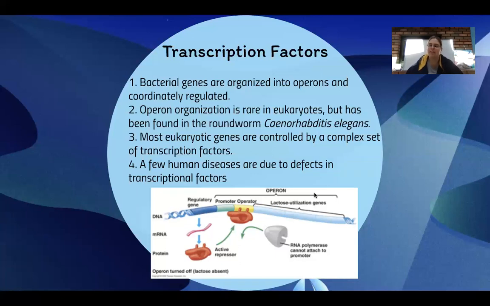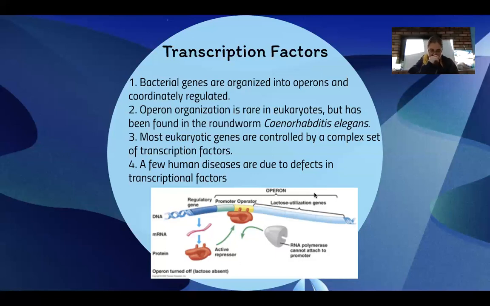Instead, we have this complex set of transcription factors. And there's multiple factors involved, different kinds of proteins and other molecules. And what happens is, depending on the actual combination of transcription factors, that will determine which gene is expressed and which protein is created.